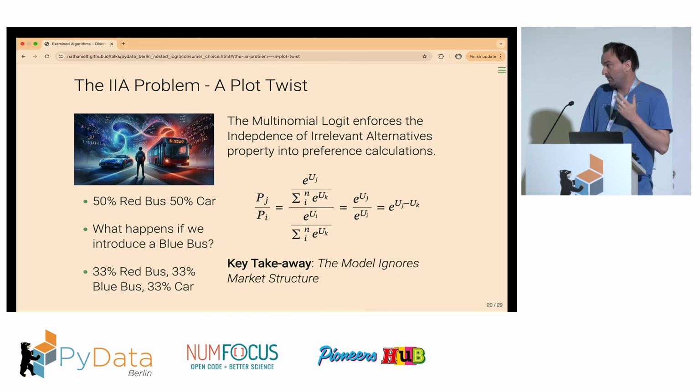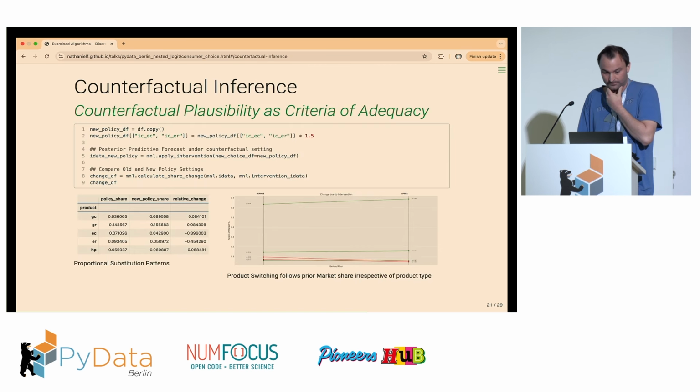And that should intuitively be a problem, because it means that the competition in this marketplace is seen as equal across all the goods. There's no structure of the competition. A car user is just not randomly going to decide to use a bus when a new bus comes on the market. So the point here is that this model ignores very real and plausible attributes of the market structure systematically because of the mathematical formulation.